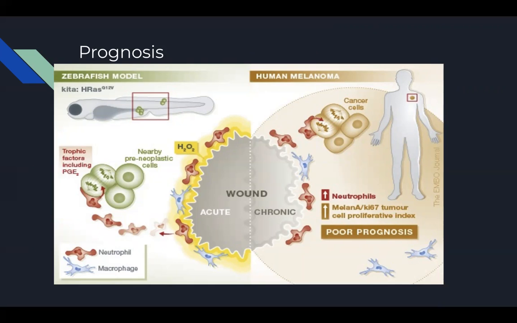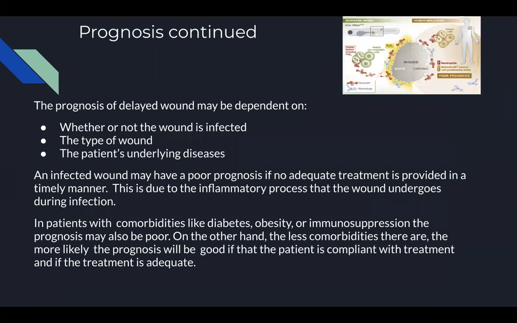So next, we're going to be talking about the wound healing prognosis. Delayed wound healing prognosis is dependent on some factors, which will be whether or not the wound is infected, the type of the wound, and the patient's underlying diseases, the underlying conditions that the patient may have. Next slide, please. For example, an infected wound can have a poor prognosis because of all the inflammatory cascade that takes place.